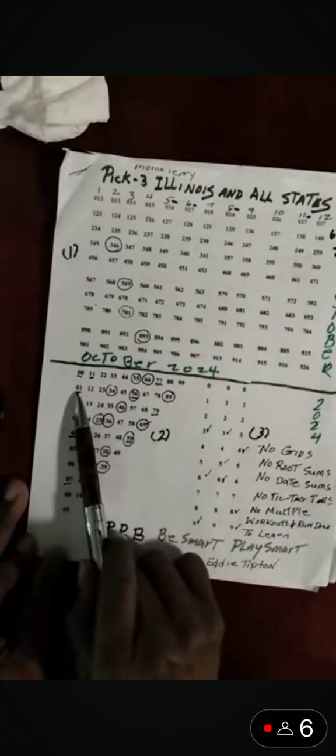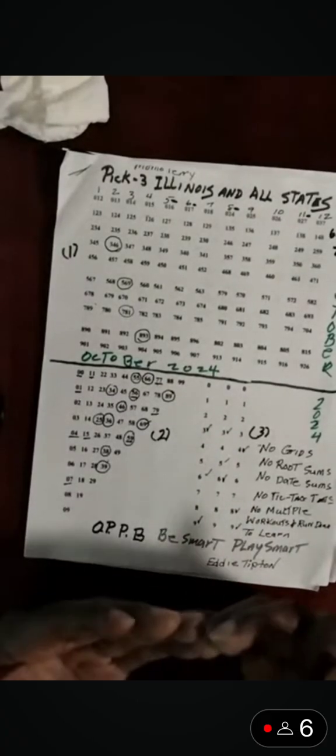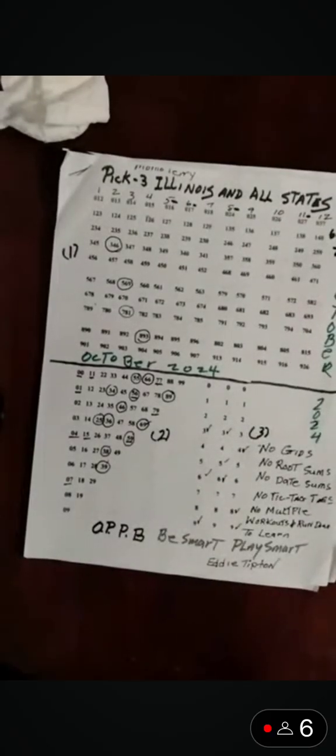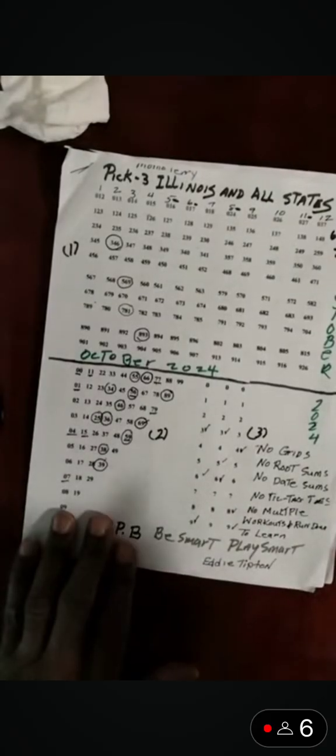You have 3 separate numbers, and I do a lot of shorts with this strategy because it's powerful and it puts things really in perspective for you. You got 3 separate numbers, so you can have 3 separate pairs to mark off. Here, you got the 17 you mark off.